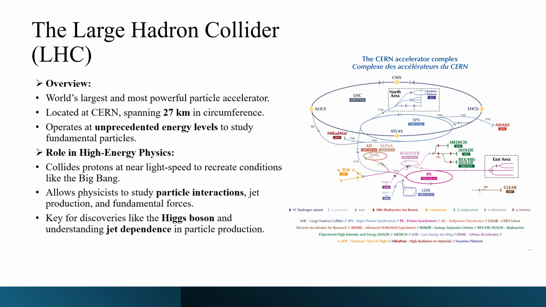This experiment has a huge circumference of 27 kilometers, located at CERN, in which there are basically four detectors: one is CMS, the other is ALICE, the third is ATLAS, and the fourth is LHCb. These are the four detectors.